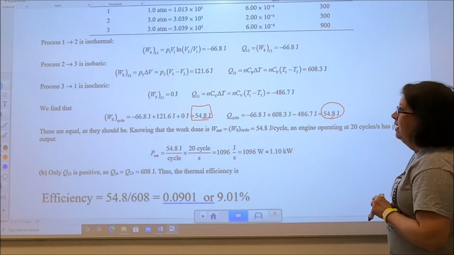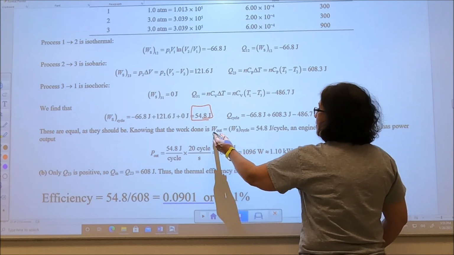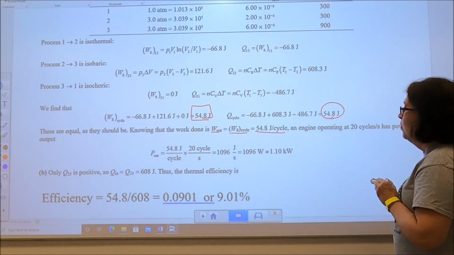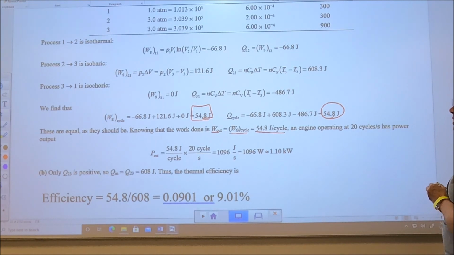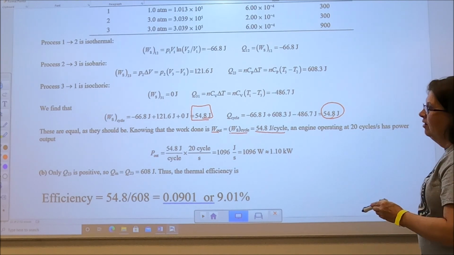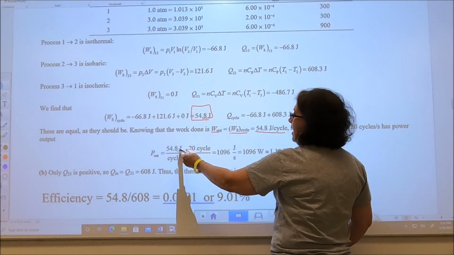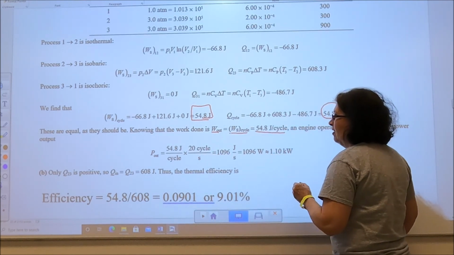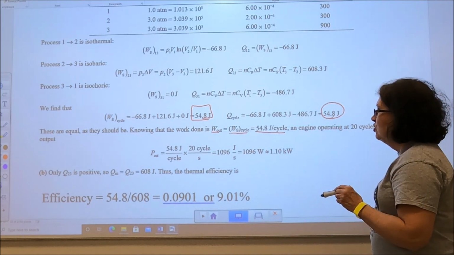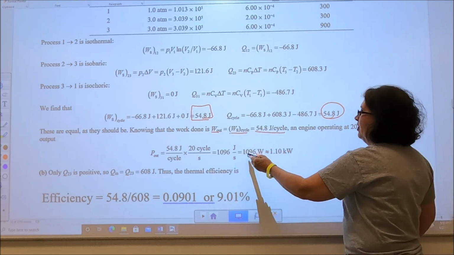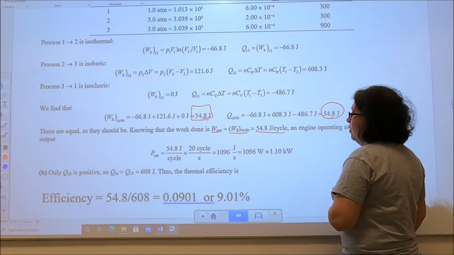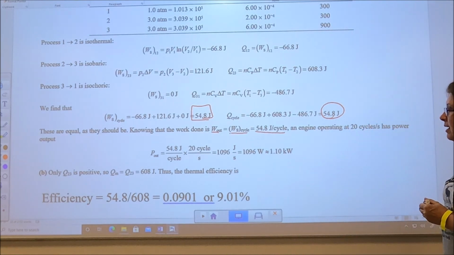Now, the work out per cycle is W_s per cycle, that's 54.8 joules per cycle. It's operating at 20 cycles per second, so 54.8 joules per cycle times 20 cycles per second is 1,096 joules per second, or 1,096 watts. Rounding to 3 significant figures, 1.10 kilowatts.